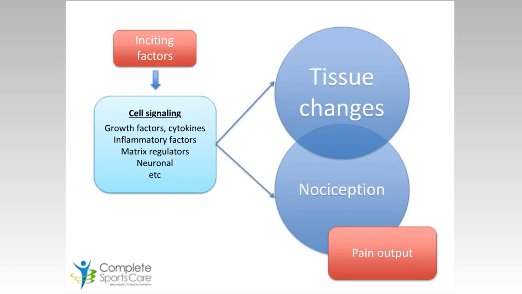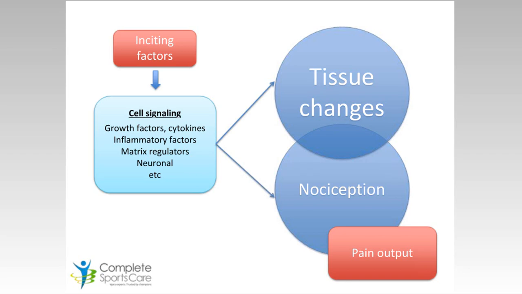So if we look at fleshing out the model, then we know that pain is an output, and it's somewhere out here, potentially associated, but who knows how much, with what's going on here on a cellular level. So really what we need to be looking at, and we know that tissue change pathology is not associated with pain.